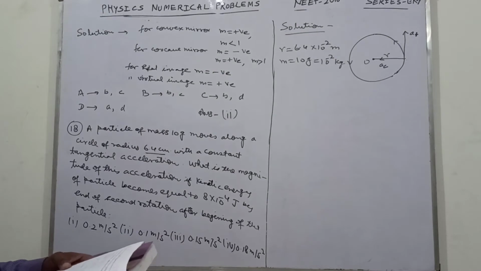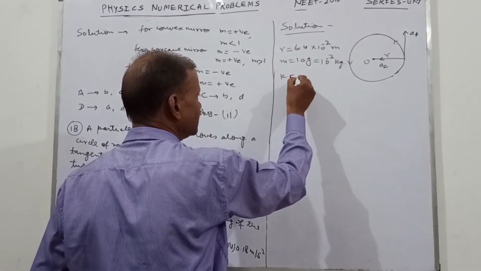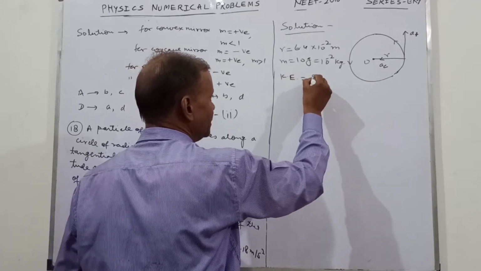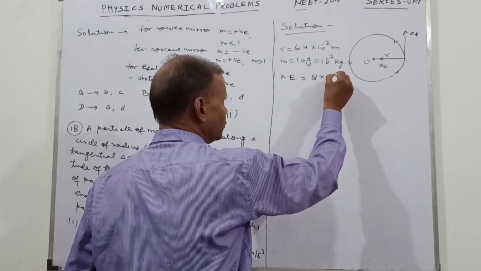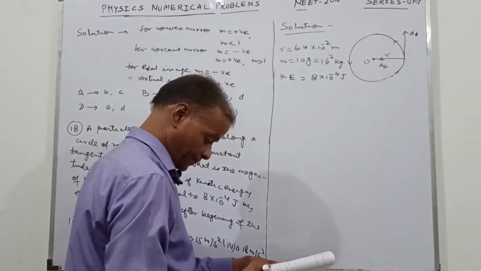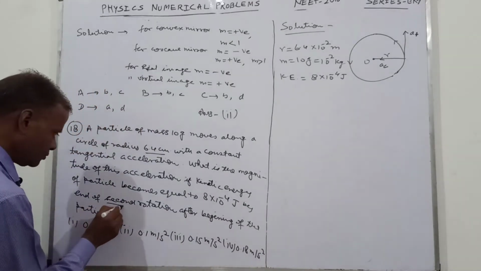And now you are given the kinetic energy, which is 8 into 10 raised to the power minus 4 joule. And you are also given the second rotation.